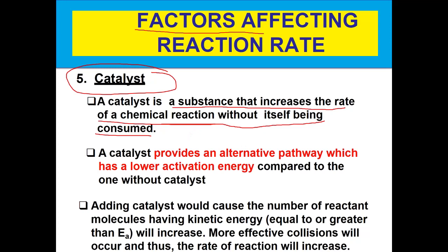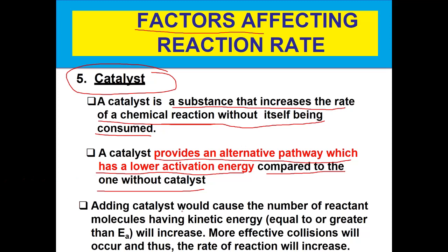Okay, basically a catalyst provides an alternative pathway which has a lower activation energy compared to the one without catalyst. So when we use a catalyst, it can lower the activation energy.